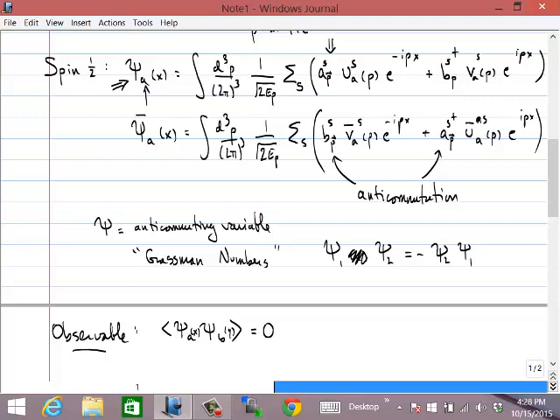And so in order to have a non-zero expectation value, you need to conserve charge. So for example, you could create an electron here at point x and then remove an electron here at point y. That's an operation that conserves charge. But you can't create an electron here and create another positron over here and preserve charge.